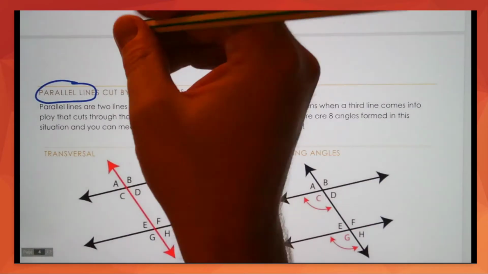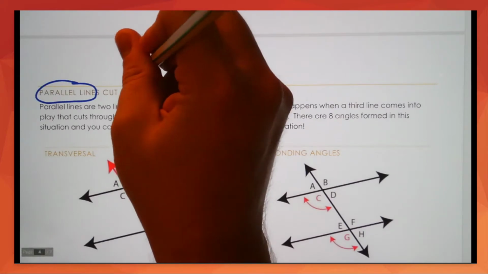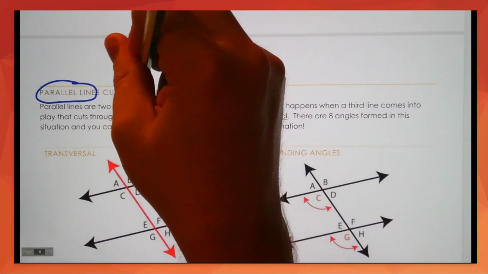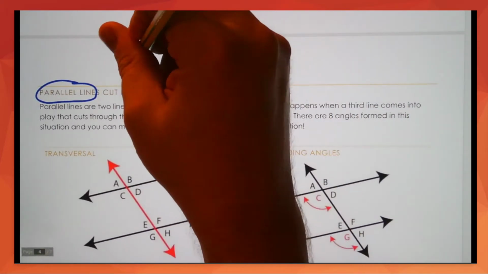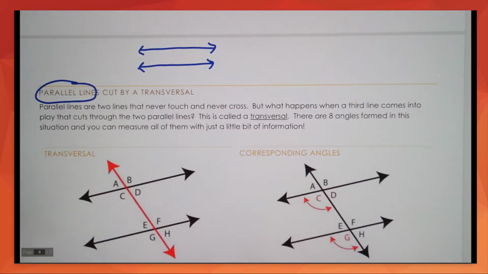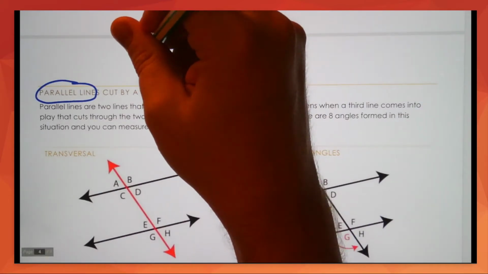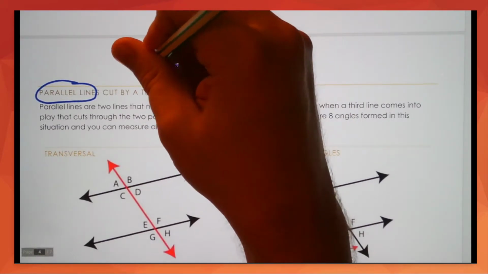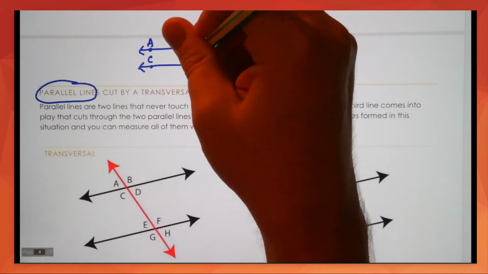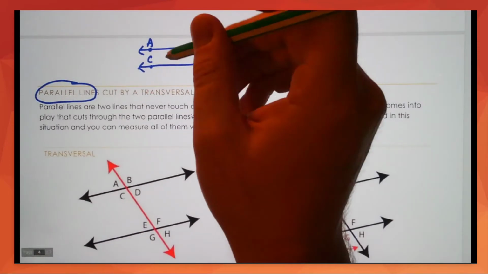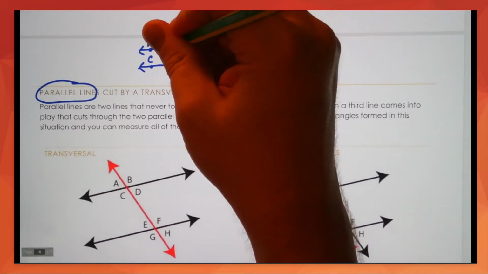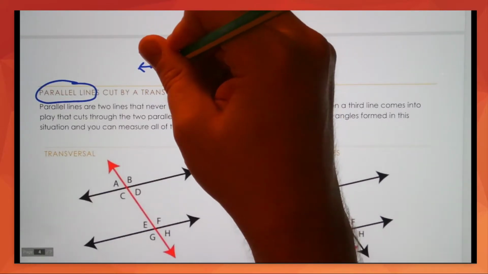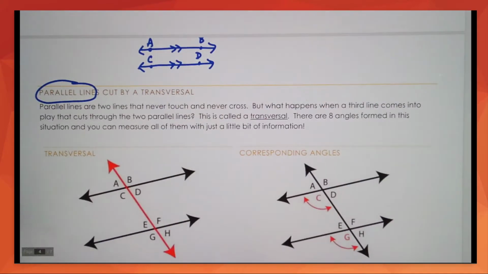So remember, parallel lines are lines that run next to each other. I'm making it a line because it goes on forever in both directions. We'll call this line AB, and we'll call this one line CD. And these two lines are never going to touch. I'm going to note that they are parallel because they have this symbol drawn on them. This little marking means parallel.